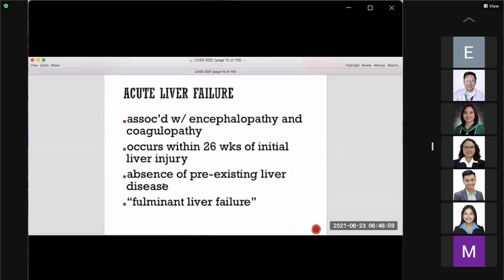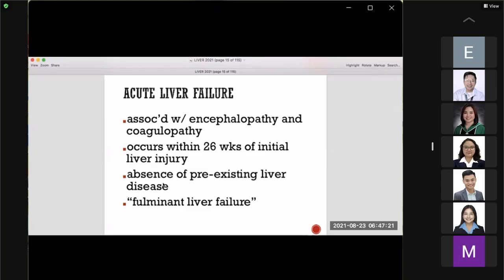Regarding acute liver failure, this is associated clinically with encephalopathy. So there are changes secondary to the involvement of the nervous system, leading to manifestations that are attributed to encephalopathy as well as coagulopathy.